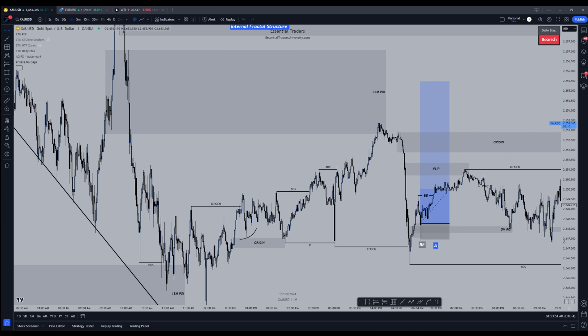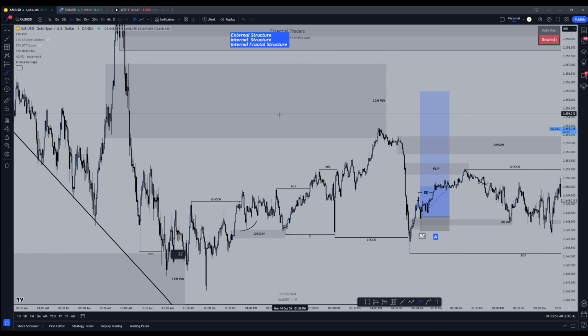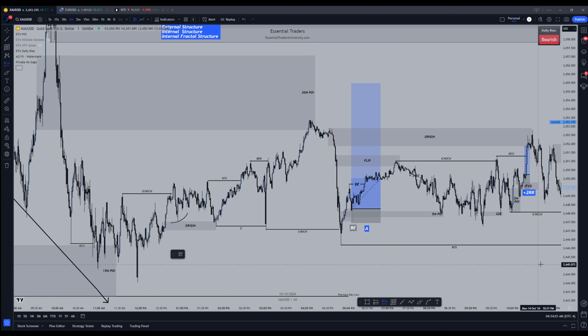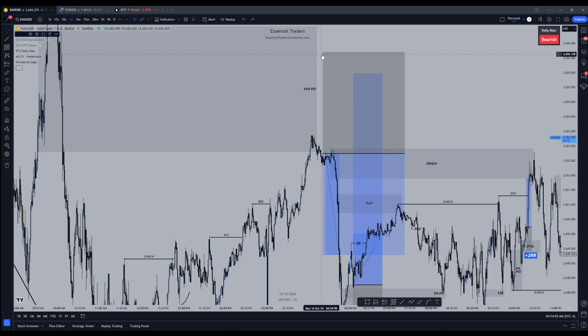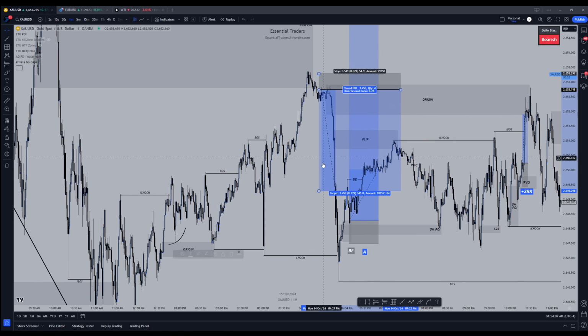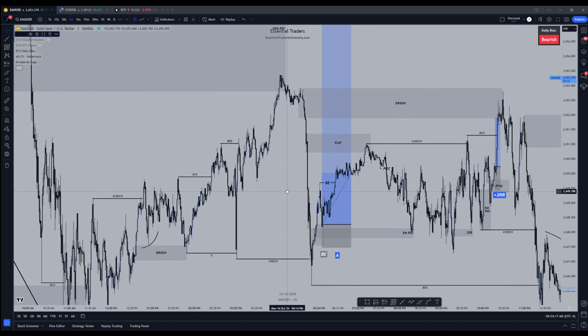It's a probabilities game. The probability here was very high that price would come back higher to mitigate something on a lower time frame, but it respected the 30-minute, and therefore you could have had a very nice 30-minute short here for sure. I was not on the chart at this time, and you can see it would have been a very, very nice trade right here, right? 10R, but unfortunately I was not there.